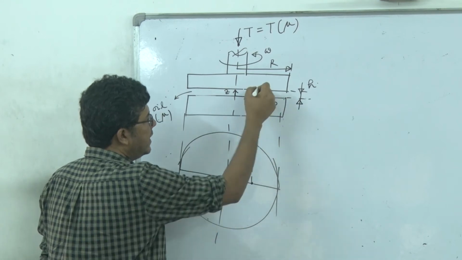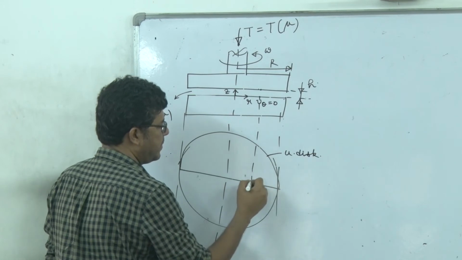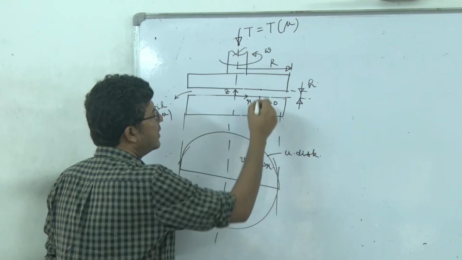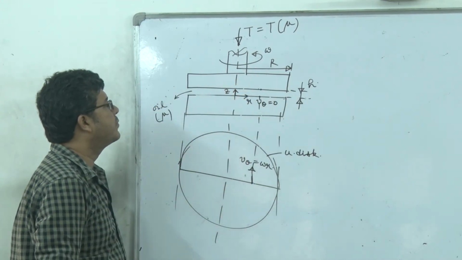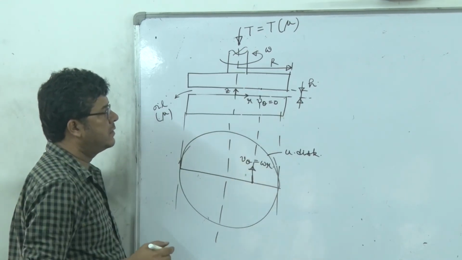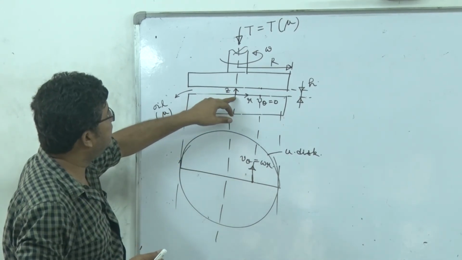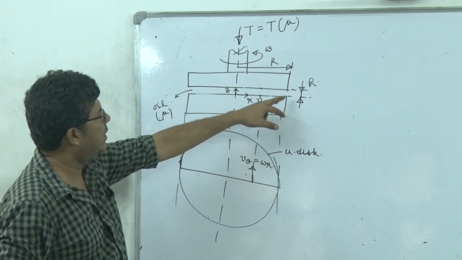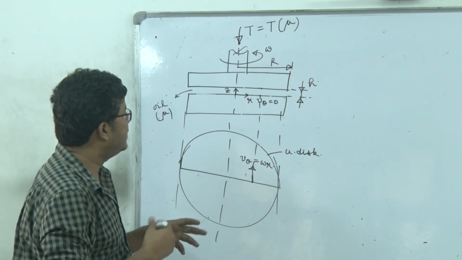So at this upper disc, the velocity v theta will be omega into r. It is tangential, that is, inward to the plane of the board. Now this r is the distance. So we can note that v theta is progressively increasing from 0 value here to the maximum value here, that is omega into capital R. So point to point the velocity is changing.